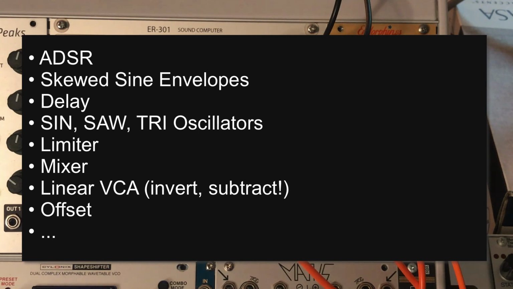You could actually use this to flip any of these other signals upside down and potentially subtract them from, for example, you could have an offset at 1, and then you could flip an ADSR envelope upside down using a VCA and do a subtraction or get the signal to go the other way. So I just wanted to call out a few of those others, and I guess really, any unit in the ER-301 that generates any kind of signal could potentially be part of your complex envelope generator.